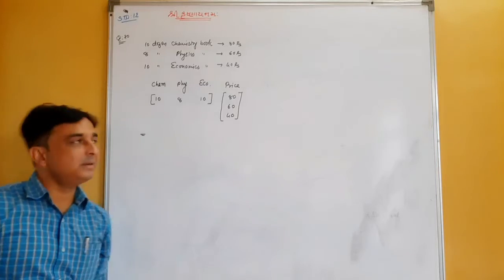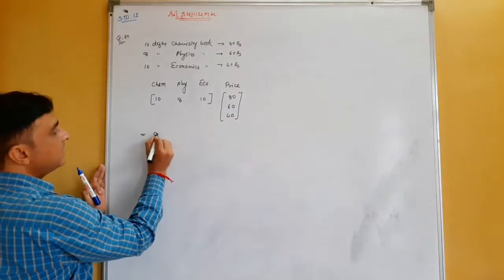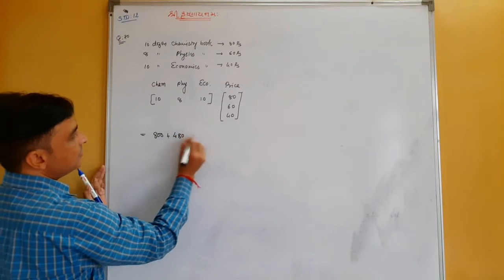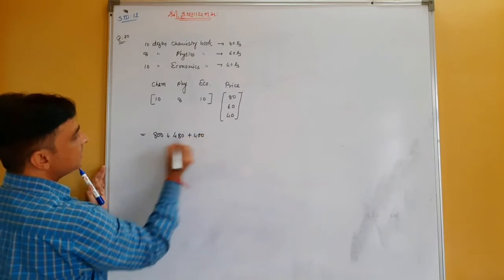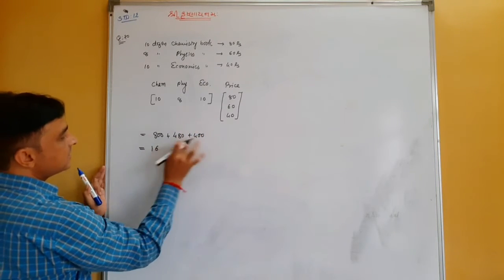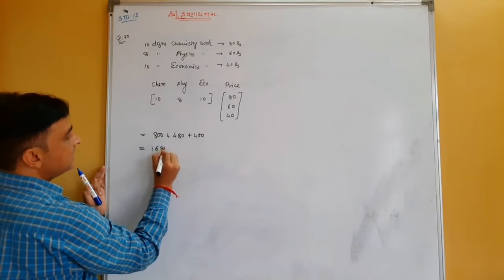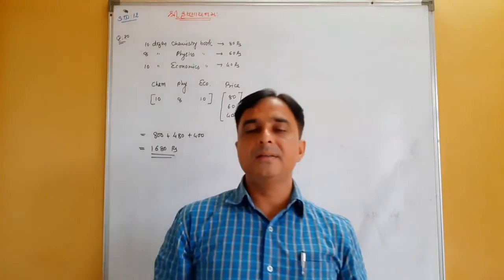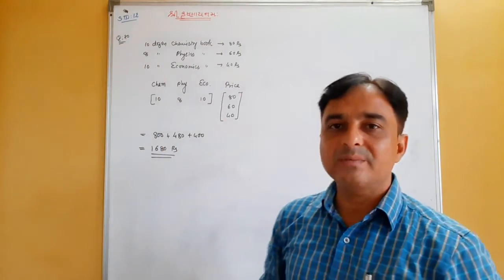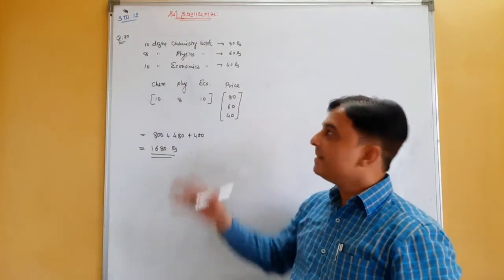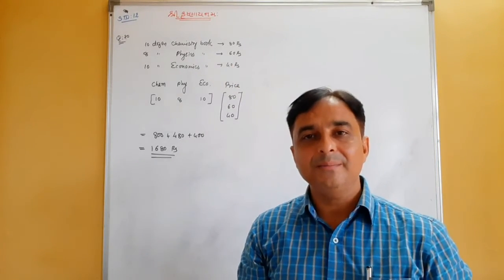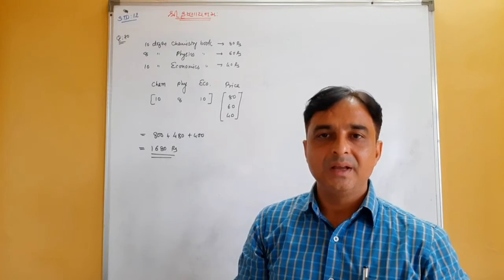Doing the matrix multiplication, 80 into 10, 800, plus 6 8s are 48, plus 400... 1680 rupees. The book shopper will get 1680 rupees by selling this many books at the rate of 80 rupees, 60 rupees and 40 rupees.